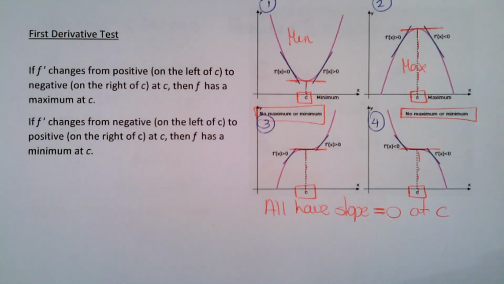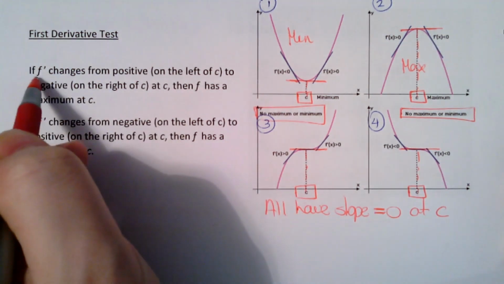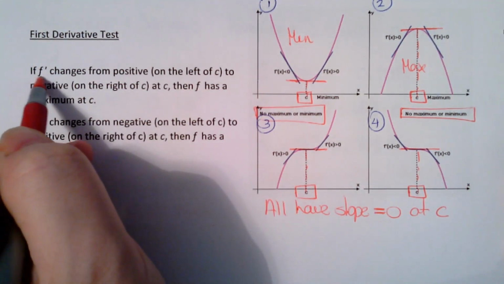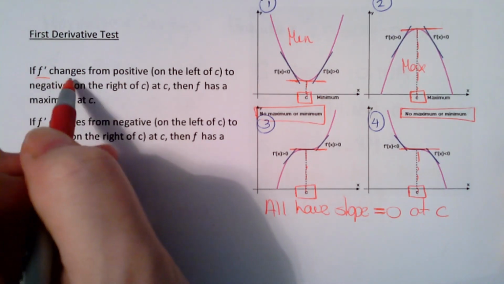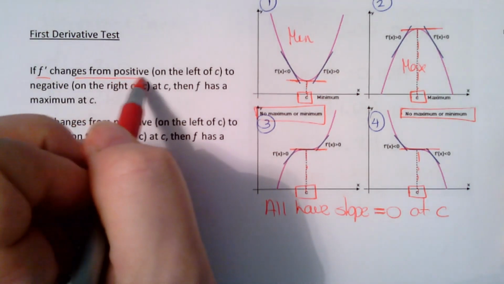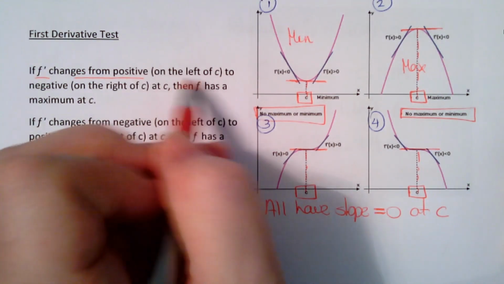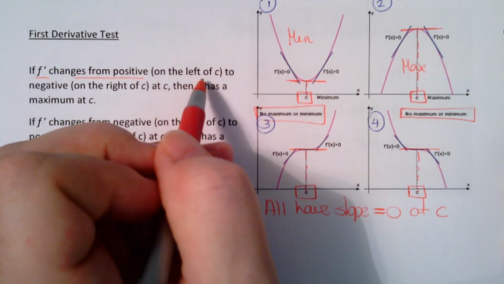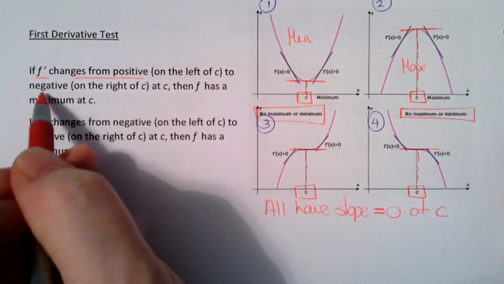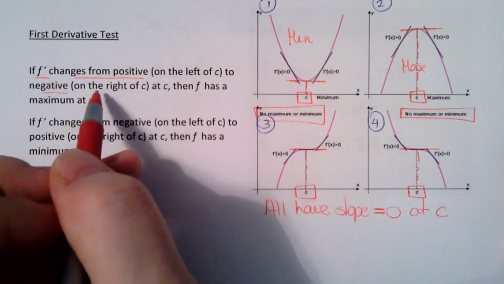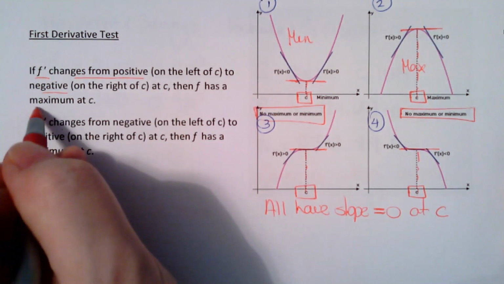So here's how this first derivative test works. Here's the textbook definition. If your derivative changes from positive on the left of C, so think of it as the left of your answer, to negative on the right of C, or the right of your answer, you have a maximum.